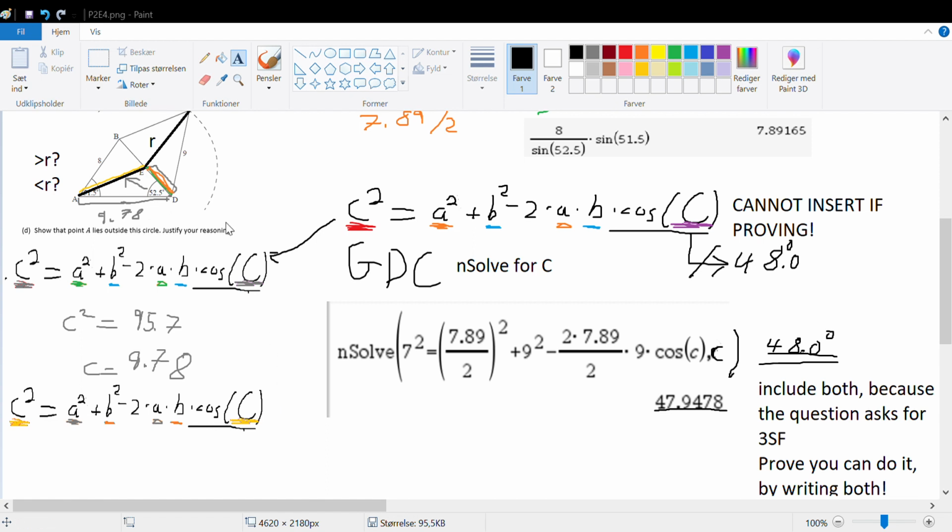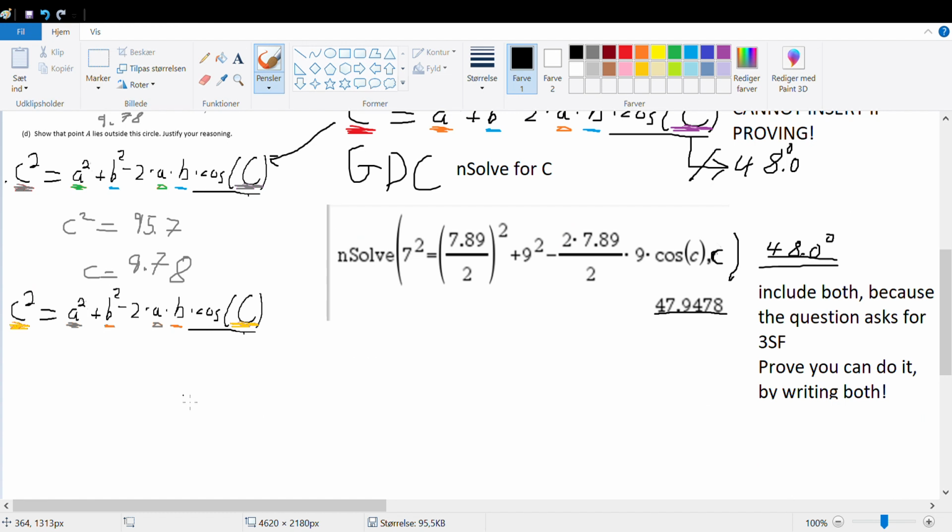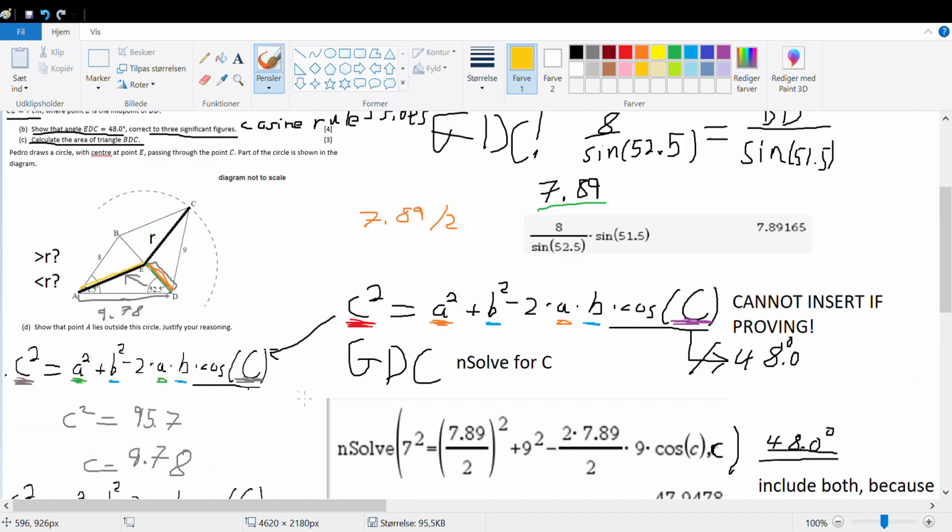With that, if you do this on the calculator, ideally you should get that c squared is equal to 64.2847. That means that c, if we take the square root of this answer, is around about 8.02, give or take a little bit.